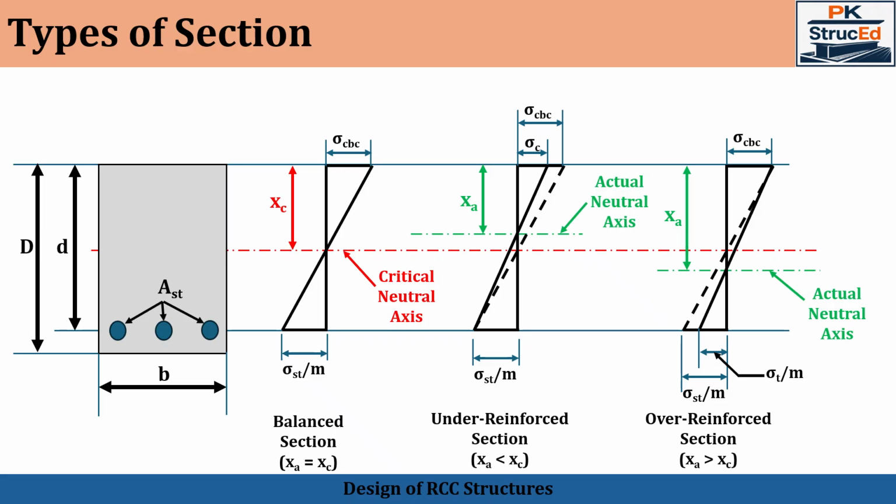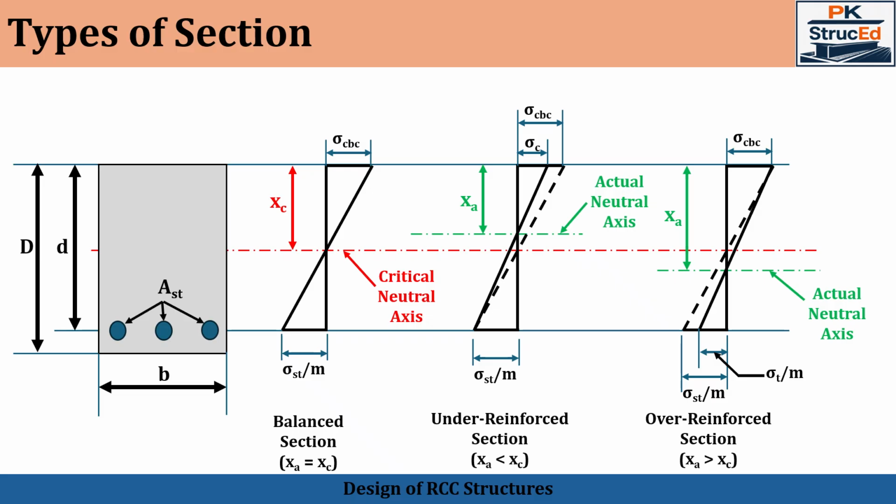Depending on the percentage of steel provided, RCC sections are classified into 3 types. One is the balanced section, in which the actual depth of neutral axis will coincide with the critical depth of neutral axis.